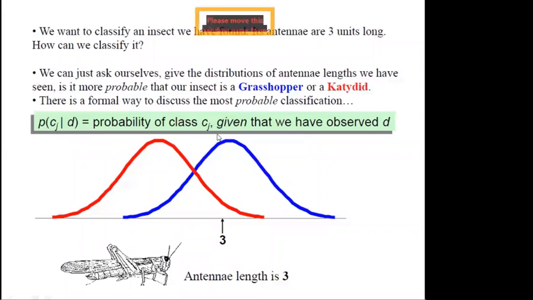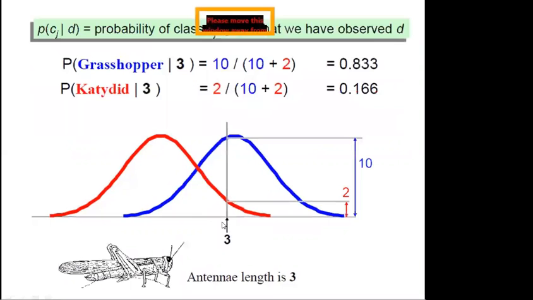The new insect's antenna length is 3, which is denoted here. If you are asked to classify it, you can see that at 3 the katydid curve gives us the number 2, and here it is 10.